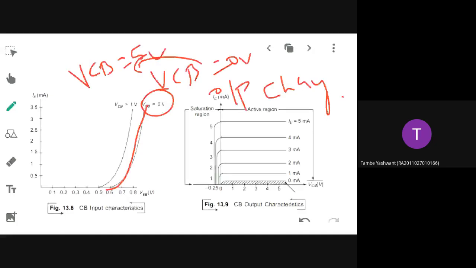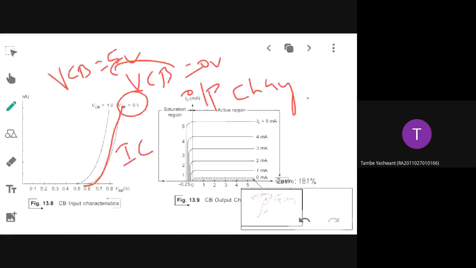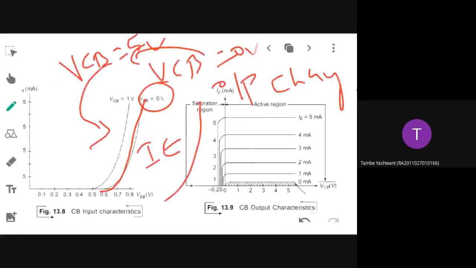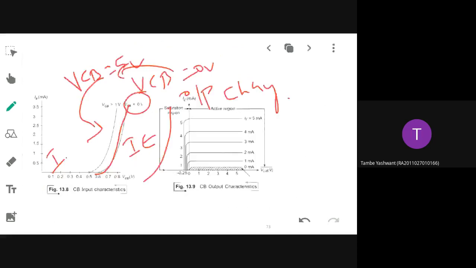Here IE is varying in a delayed manner in the first case, but in this case the increase in IE is observed earlier.